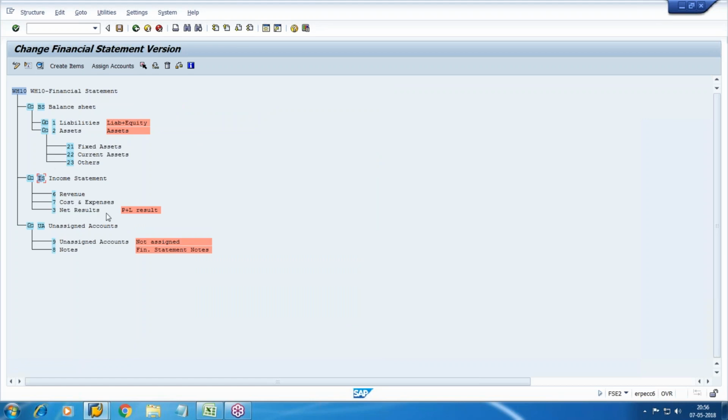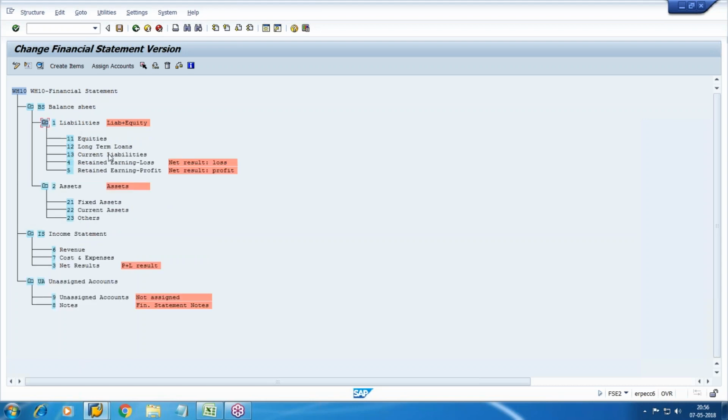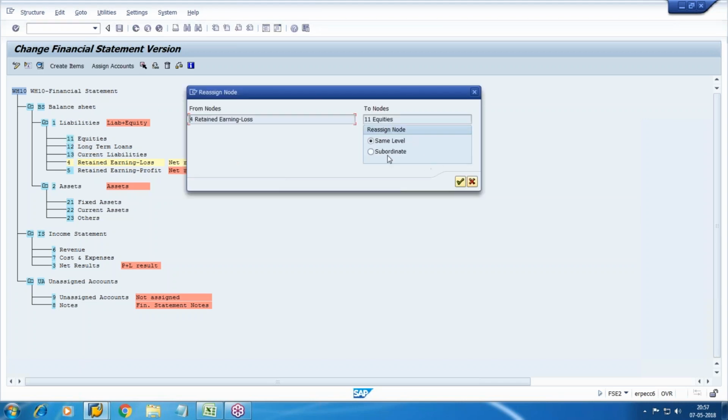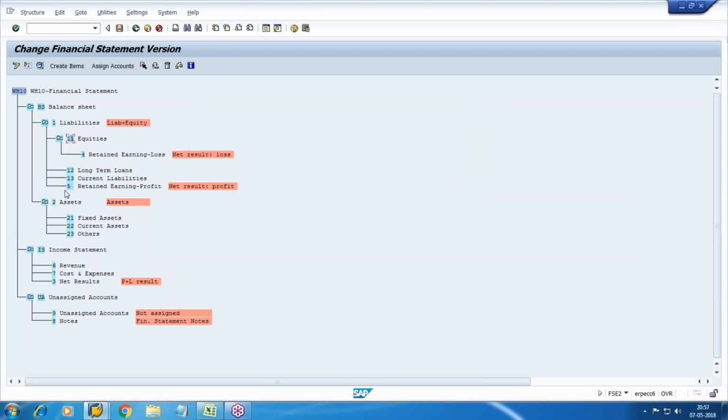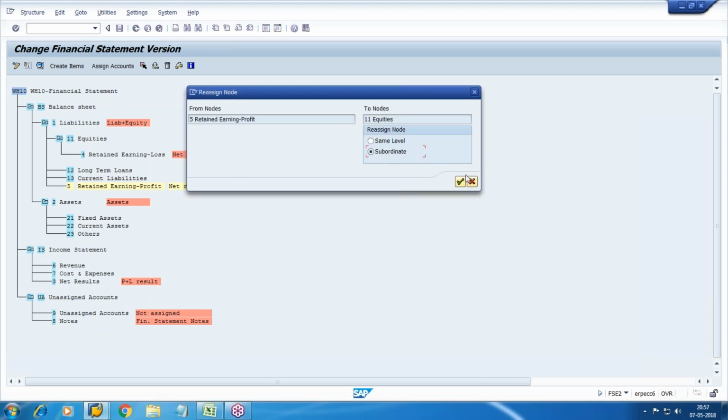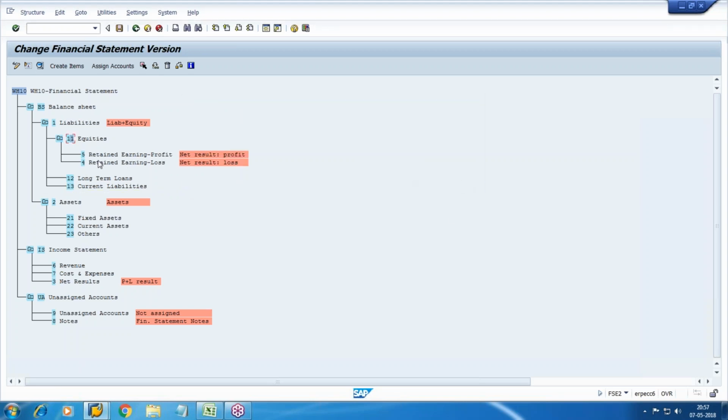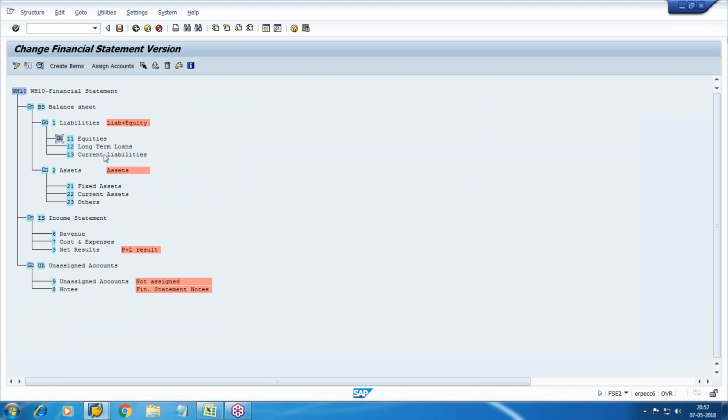Revenue, cost, net result, profit or loss, and whatever the net result we will calculate, it will transfer to our retained earning. We can do one thing, we can transfer this one under this equity, select, assign this one also. It's just arrangement only, nothing else. Okay, now under equity, the profit or loss, long-term loans, current liabilities.